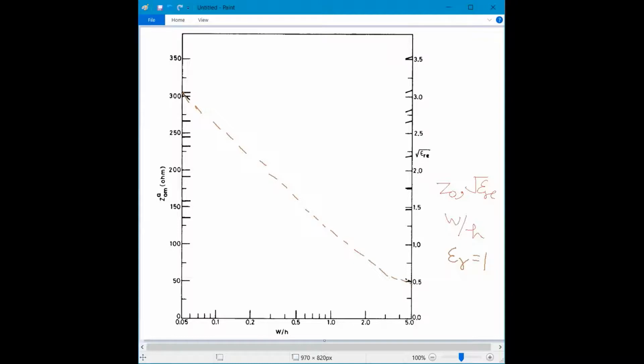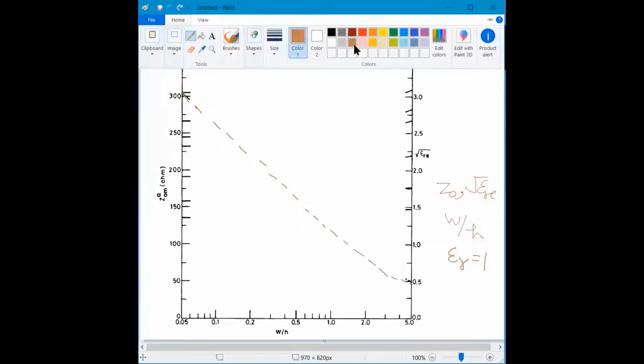We can also plot the curve for different values of dielectric constant. Let us suppose we have a dielectric material having the value 2.5. So how will we plot this line?